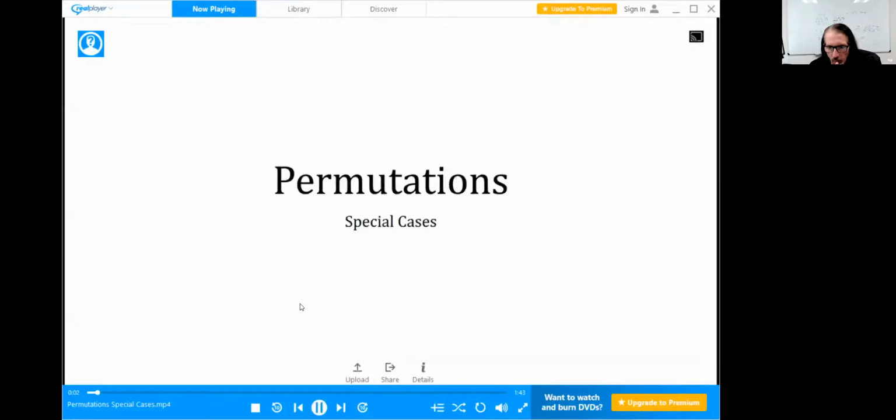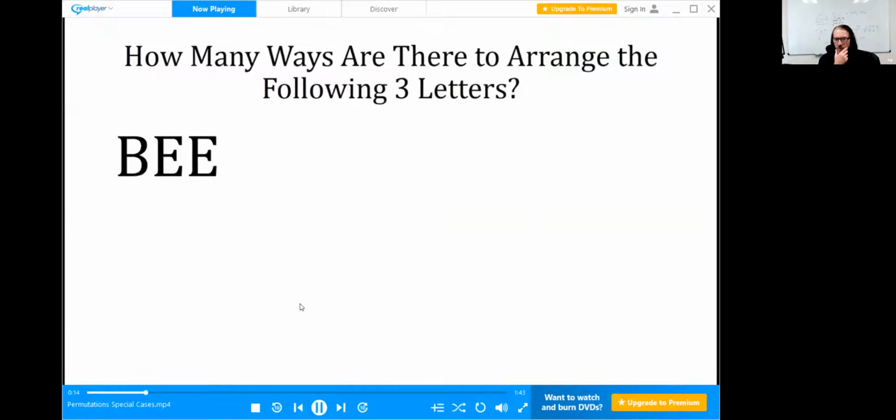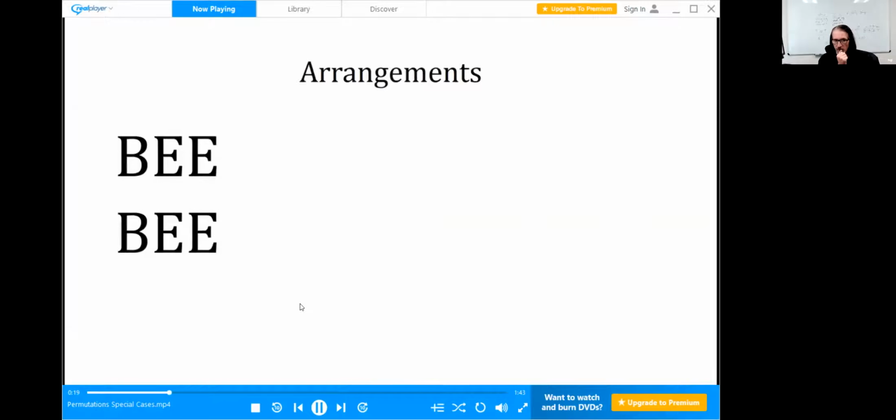So remember 3 factorial or 3P3, that is equal to 6. Let's say that we're going to arrange the letters from the word BEE, and we can't tell the difference between the 2 E's.